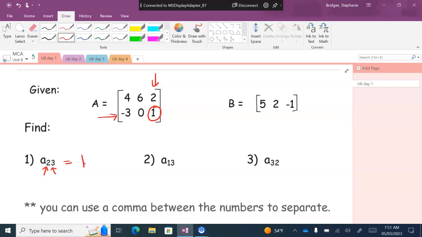Okay, so go ahead and try 2 and 3. For number 2, we want matrix A, row 1, column 3. And for 3, we want matrix A, row 3, column 2. What number is there?